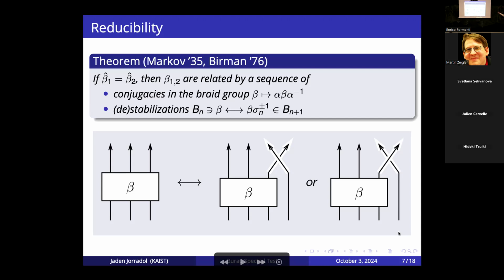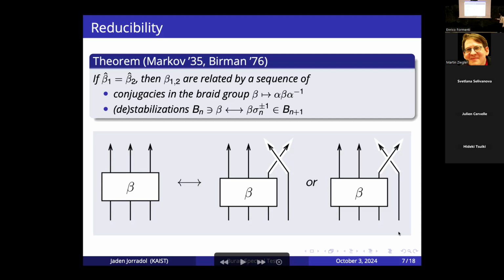The second and third ones are the braid stabilization and destabilization. So here the picture is the stabilization, and from this side to this side is called stabilization, and you go back is the destabilization. So basically the braid first has three strands, right? So if you add another strand and then you cross it over, it's called stabilization. And then if you undo the crossing and then remove the strand, it is destabilization.